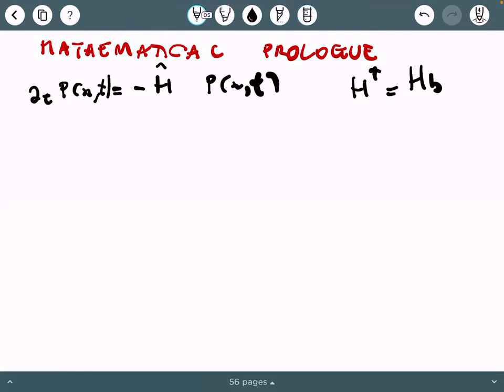Now, since the system obeys the Fokker-Planck equation, we know that there is a stationary distribution, which I will denote as pi, which in the case of Langevin dynamics is, of course, the Boltzmann distribution. We have discussed this many times, right?